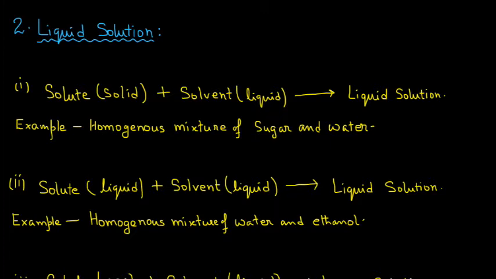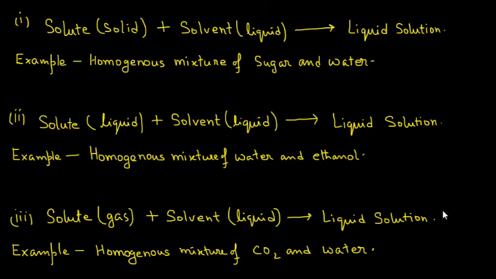Second, solute is liquid, solvent is liquid, gives liquid solution. Example, homogeneous mixture of water and ethanol. And the third type of liquid solution can contain solute is gas, solvent is liquid, which gives liquid solution. Example, homogeneous mixture of carbon dioxide and water.